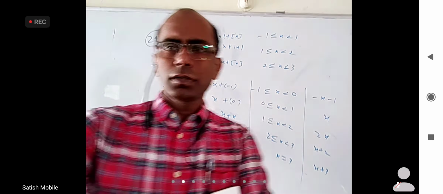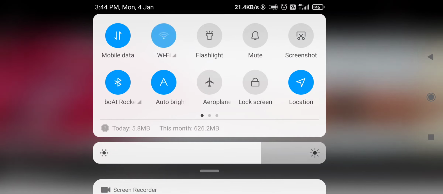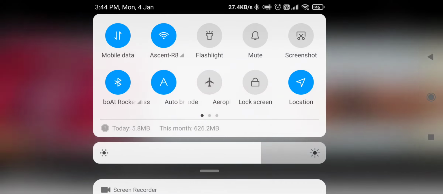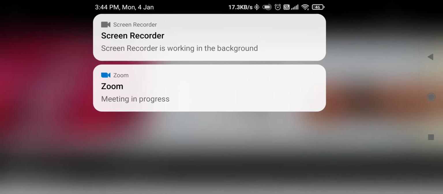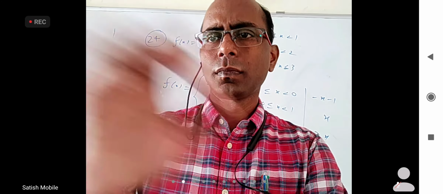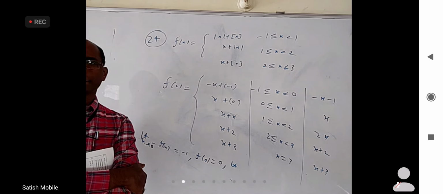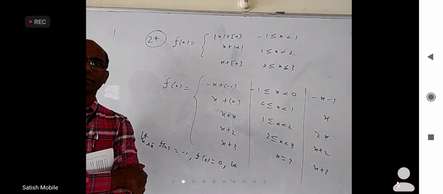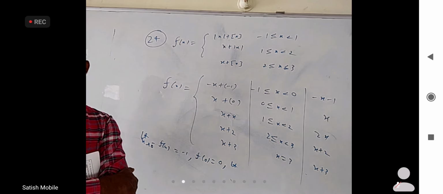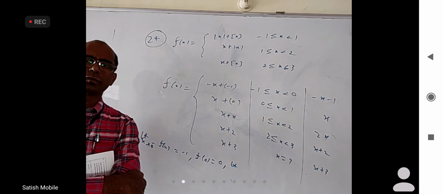Even now like that, let me see if you can do it. Okay, how is it now? Is it clear or still blur? Clear now, okay.